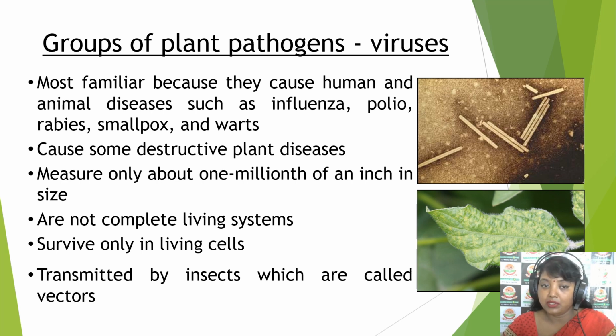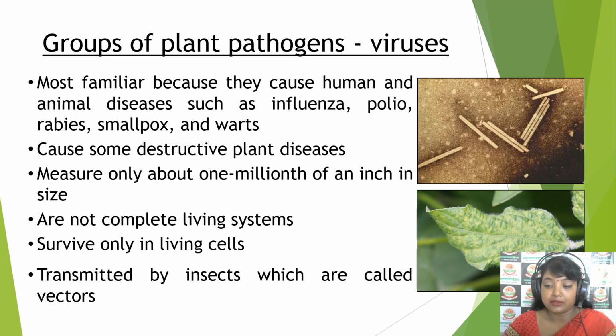They are also very small, measuring only about 1 millionth of an inch in size, and they are not a complete living system unless they depend on a living organism to continue their life cycle. When they are not on any living organism, they act as a non-living thing.